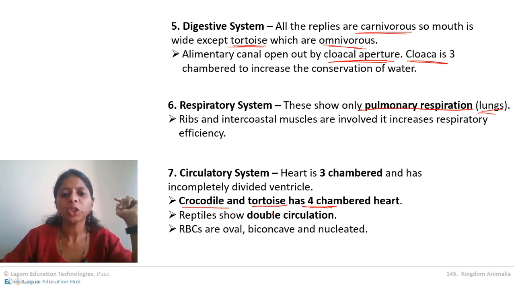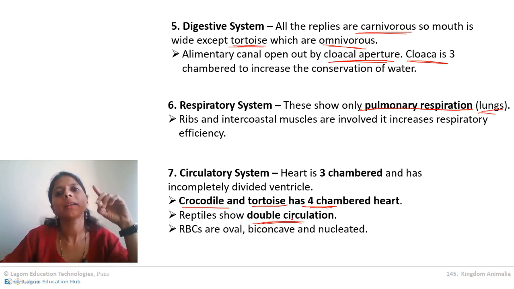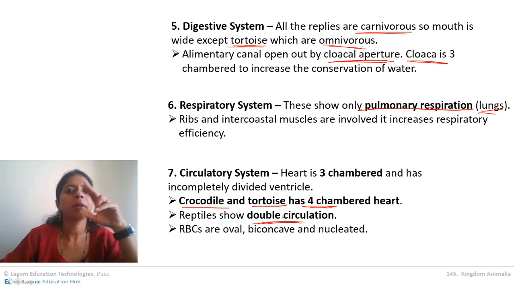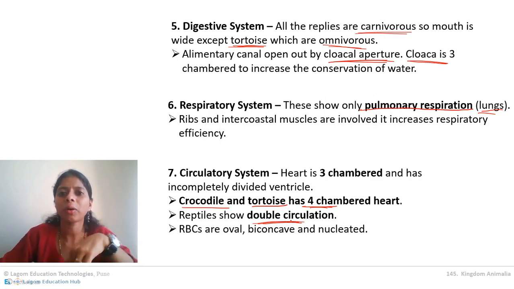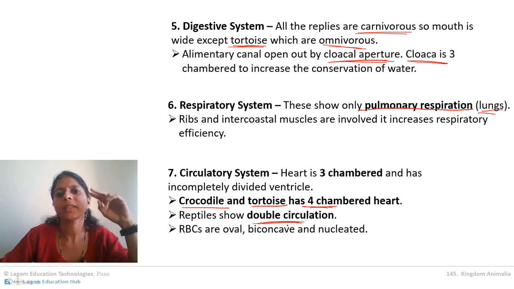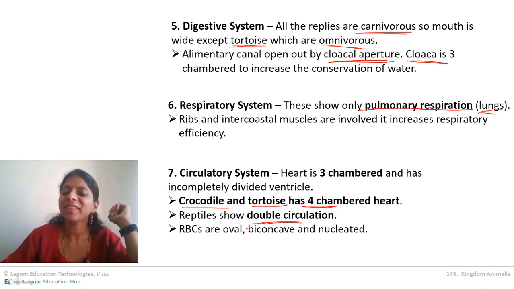Now reptiles show the presence of double circulation. Double circulation means blood comes twice to the heart. When blood completes one circulation inside our body, it comes 2 times to the heart. Double circulation in detail we will study in the circulation topic. Now RBCs are oval, biconcave and nucleated. So this is about its circulatory system.